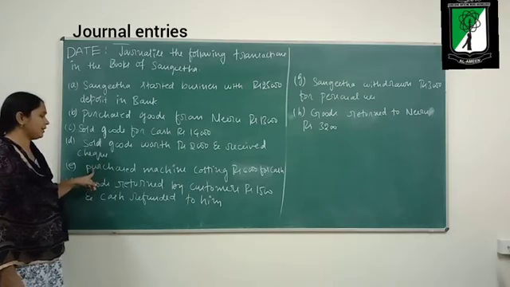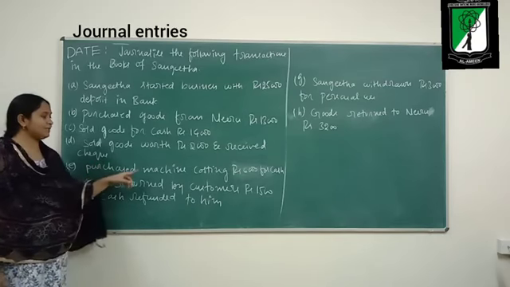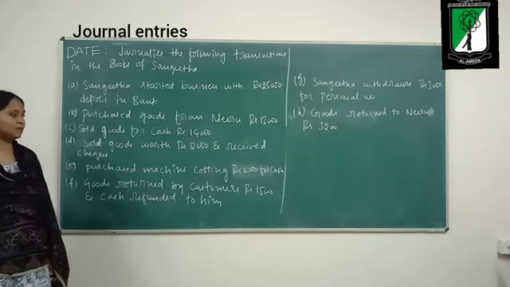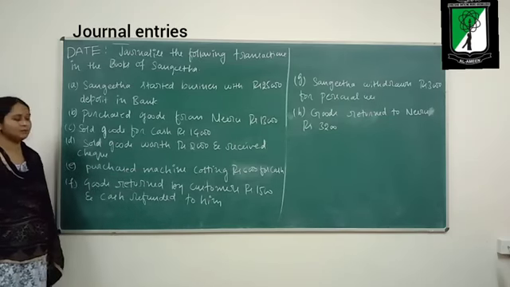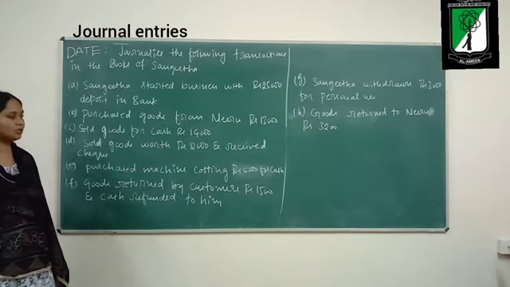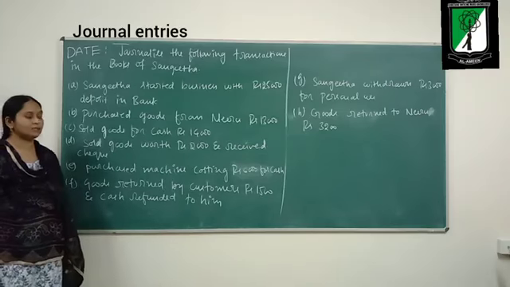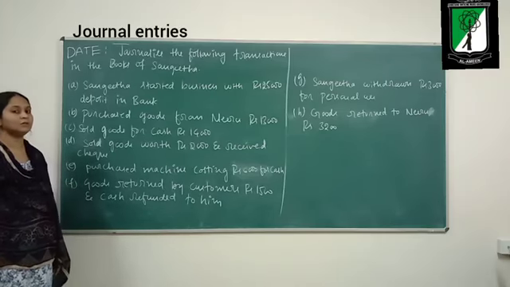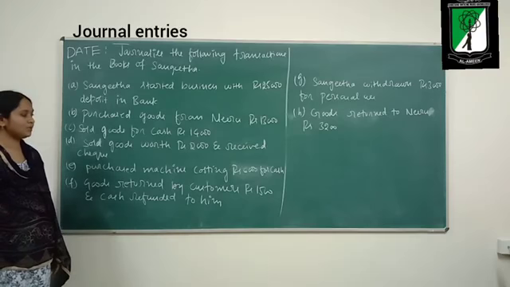Next, fifth transaction: purchased a machine costing rupees 6,000 for cash.